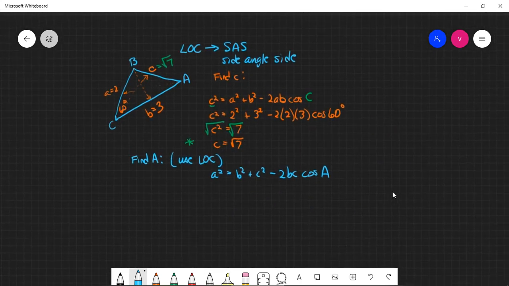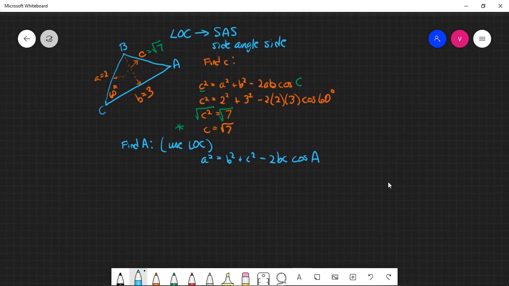Okay, so here's what I would like you to do to keep from getting too confused. Let's try to get to angle A before we plug all of these numbers in. This is just my biggest piece of advice. So first thing we're going to do, let's subtract B squared and subtract C squared from both sides, just the formula the way it is, okay?